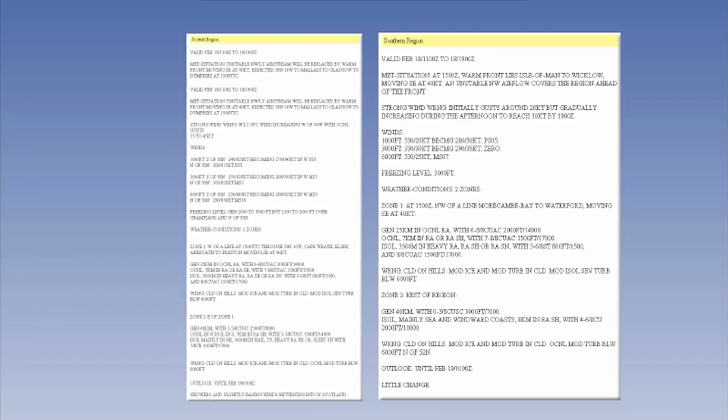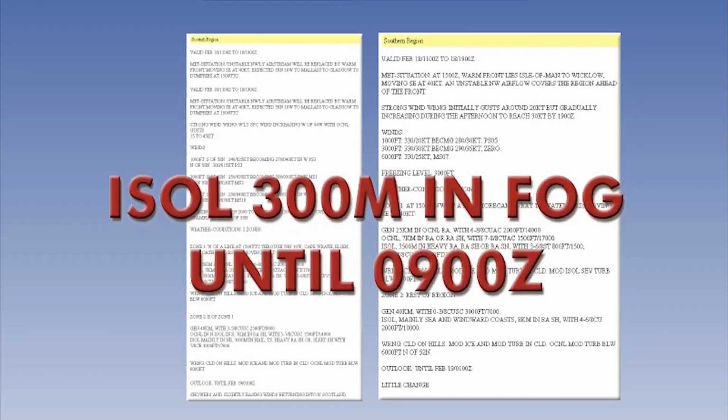When interpreting Airmets, it is essential to appreciate that the information given in each zone is a simple forecast of the anticipated conditions at a given time. Sometimes specific mention is made of the timing of phenomena. For example, isolated patches of fog with a visibility of 300 metres are expected until 0900 Zulu.